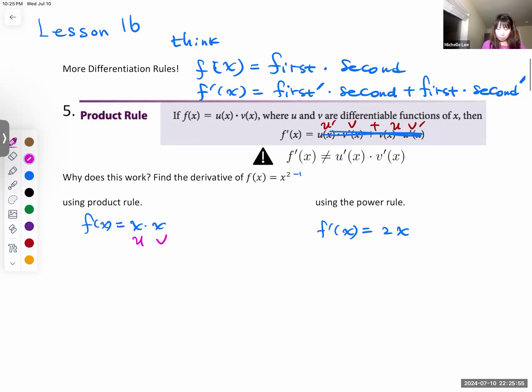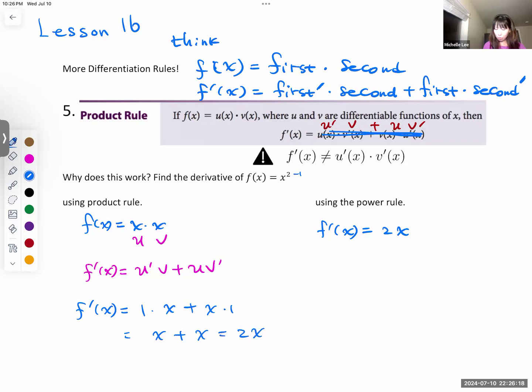So f prime of x, u prime v plus u v prime. Okay, so f prime of x, u prime, which is 1, v, which is x, plus u, which is x, v prime, which is 1, right? So we have x plus x, which is 2x. We have the same answer here, right?